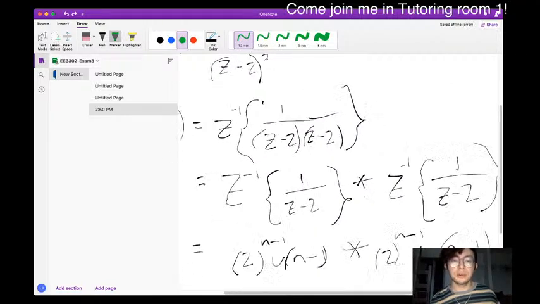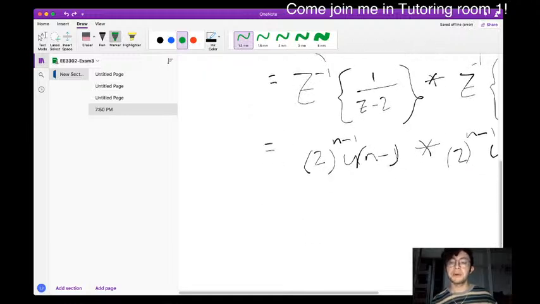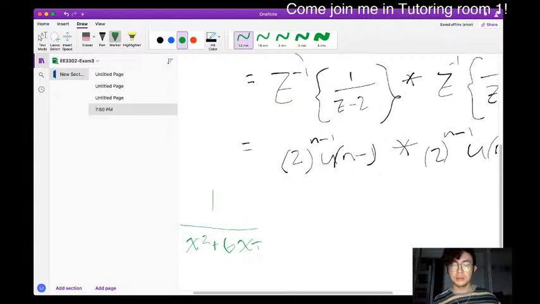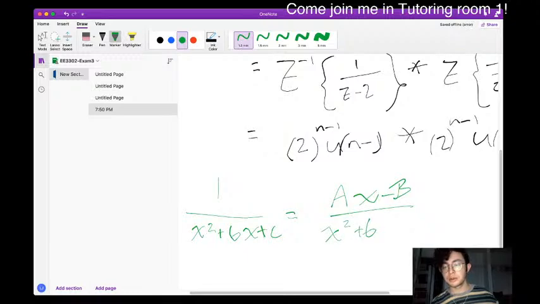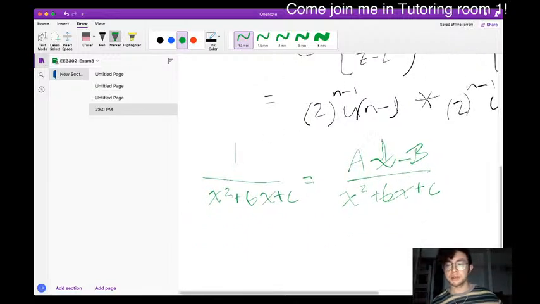You might also see, your professor might also have talked about how if you have a polynomial in the denominator, like a quadratic, then you can do partial fractions again, where you have a linear term up top too. That also works, but I'm not going to get into the details there. You multiply everything by this denominator, and then solve for the coefficients a and b using the method of determining coefficients.